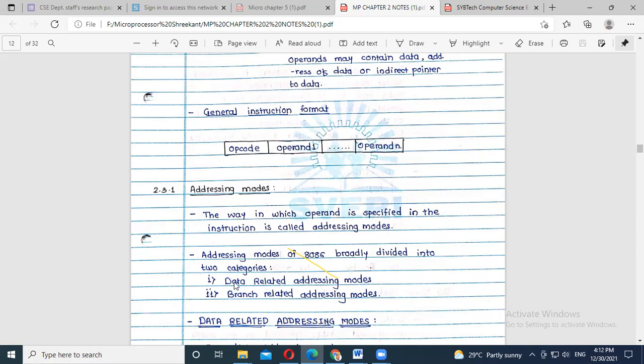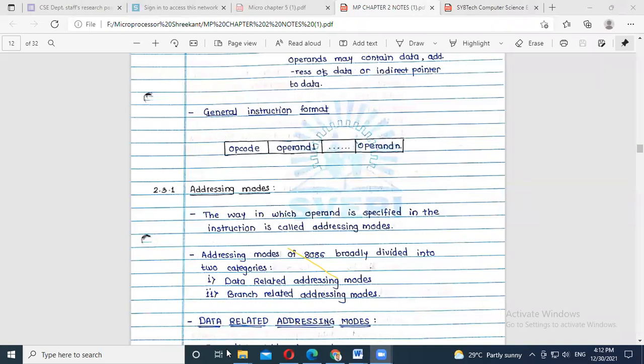Only roll number 6 is absent. Who is roll number 6? Please insist that they attend the lecture. Okay, I think you also got roll number 6. Yes, Abhishek. Okay, fine.